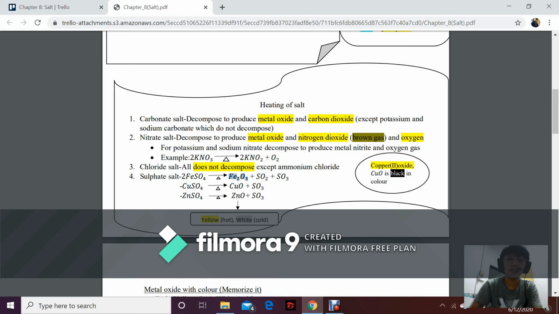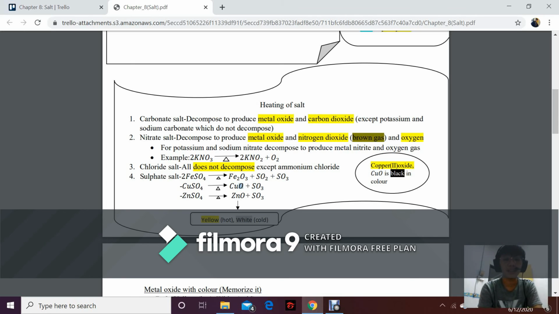So the iron 3 oxide is what color? Brown color. FeO, iron 2 oxide, is green color. But this is Fe2O3, so this is brown color. And for copper sulfate, CuSO4, copper sulfate will produce copper oxide and SO3.